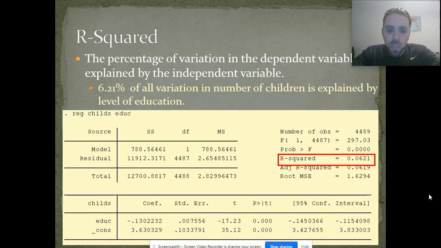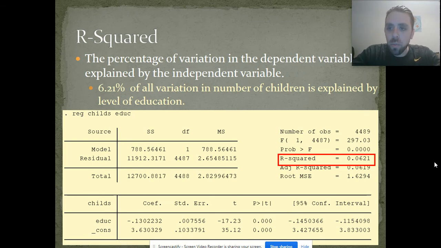Those are the 4 most important things to look at in a regression equation. We want to look at the value of the coefficient. We want to look at the p-value and its significance. We want to look at the baseline Y-intercept, and we want to look at the R squared.